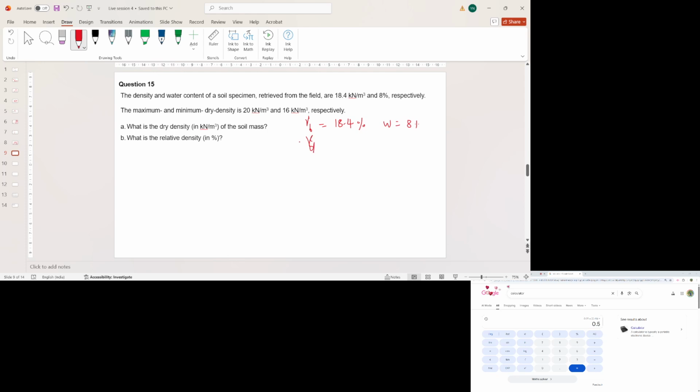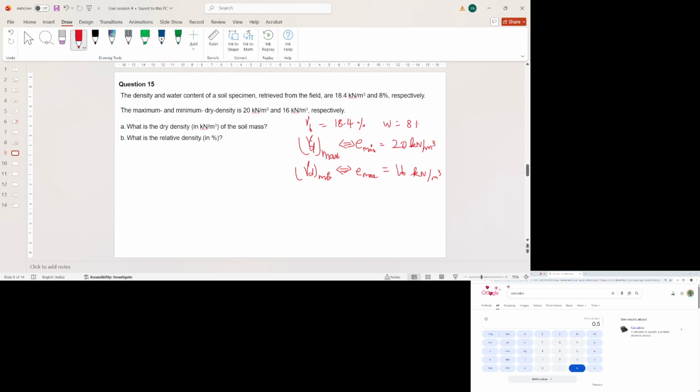You have gamma d max, which corresponds to e minimum, is 20 kilonewton per meter cube. And you have gamma d minimum, which corresponds to e max, which is 16 kilonewton per meter cube.